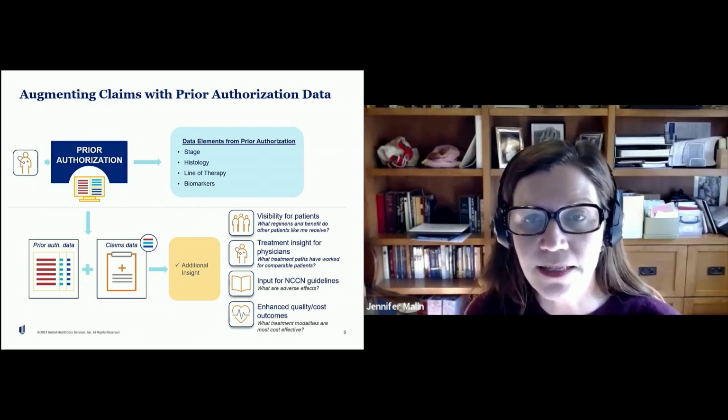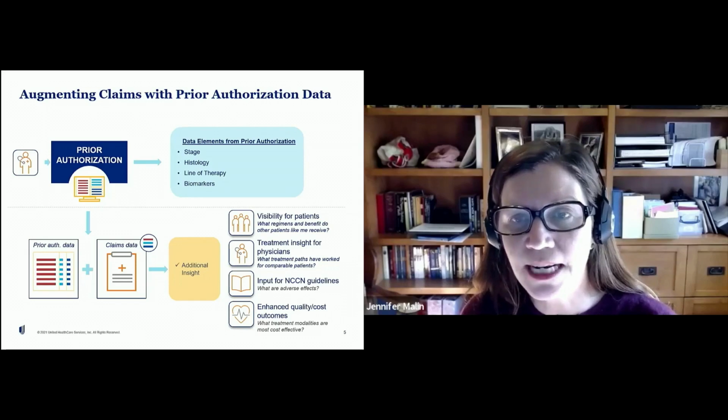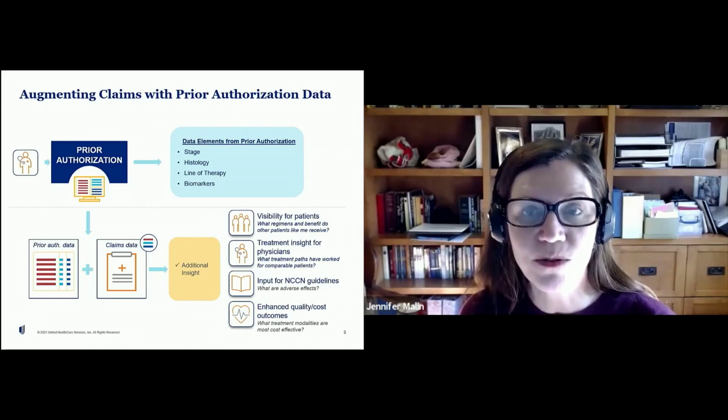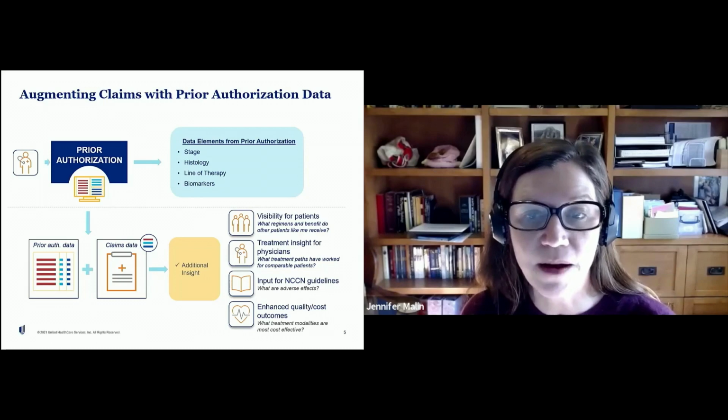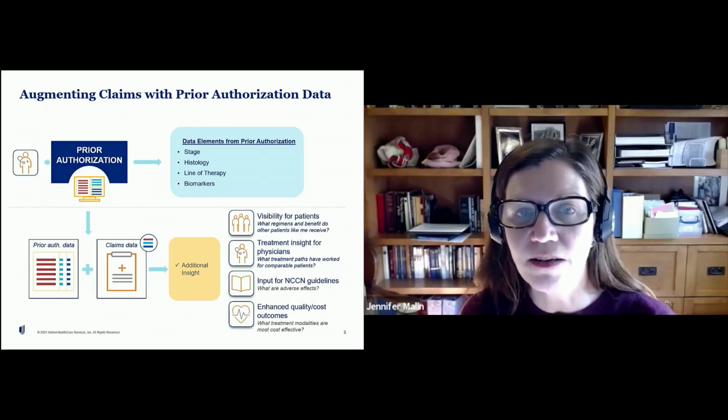While it's not validated the way registry data is, and is not as clinically complete as electronic healthcare record data, it does provide a source of clinical data that can be linked with claims data to provide additional insight, more so than claims data by itself.